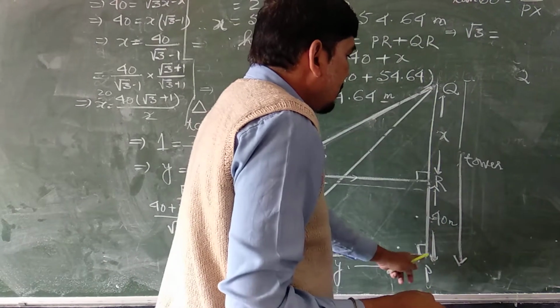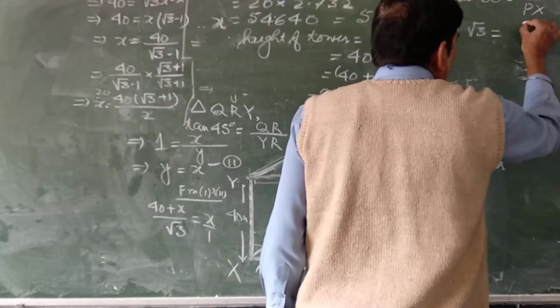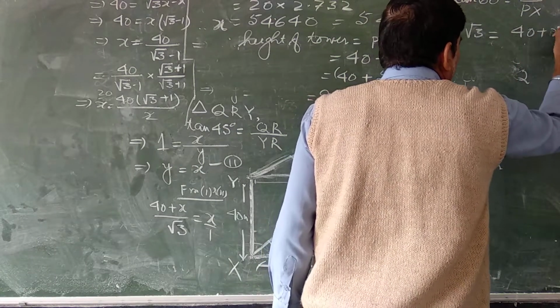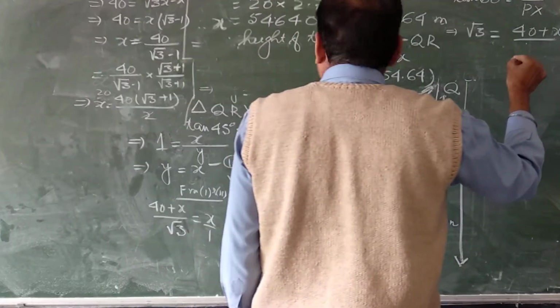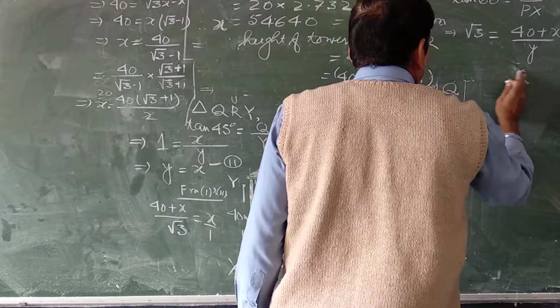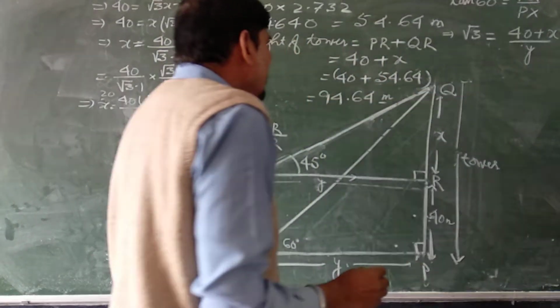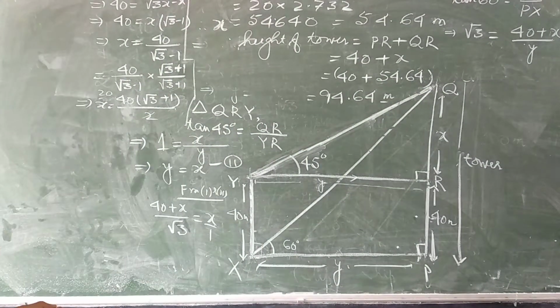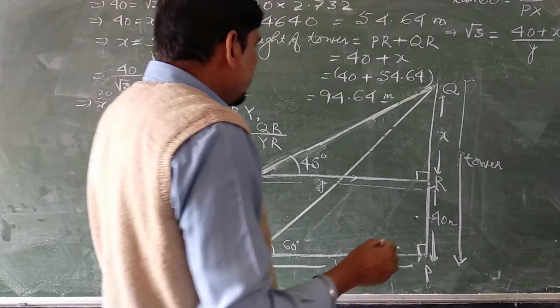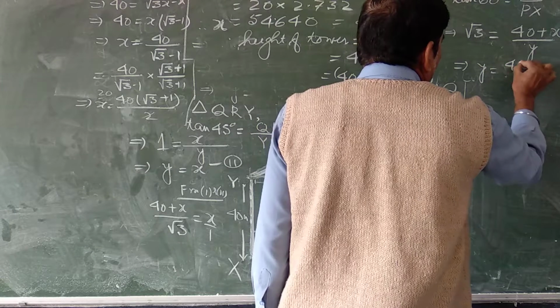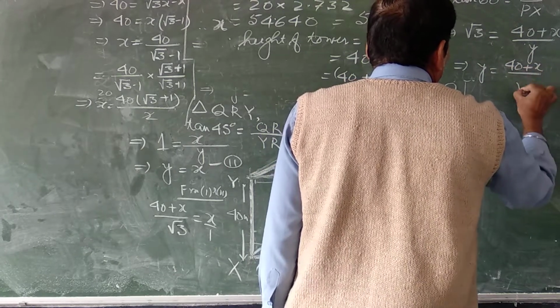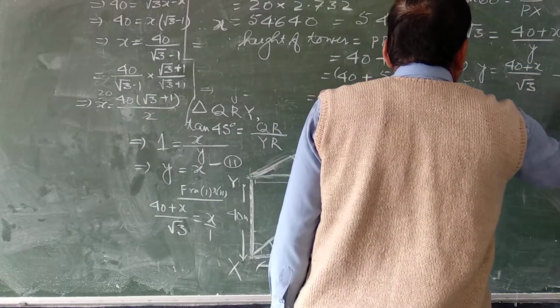PQ is 40 plus x, and PX is equal to y. Therefore, y is equal to (40 plus x) by root 3.